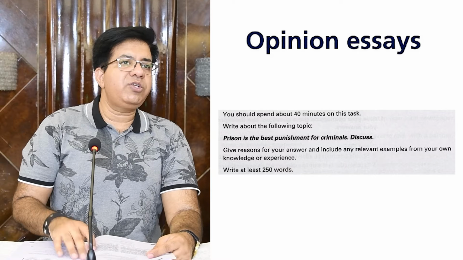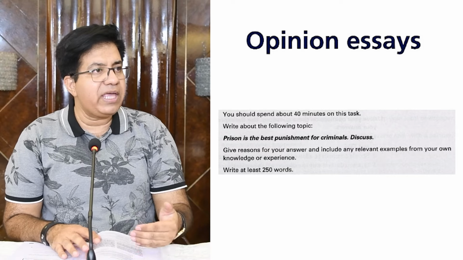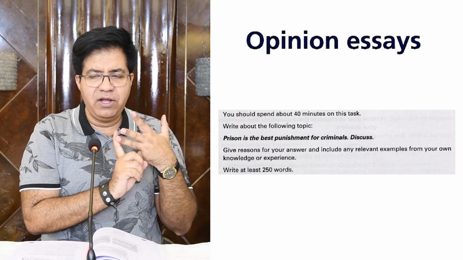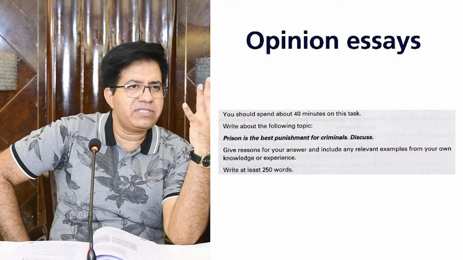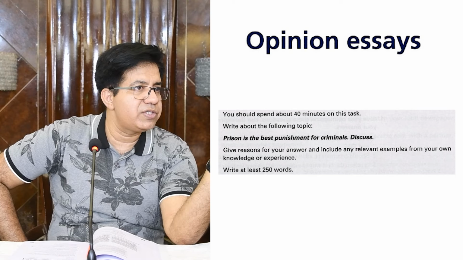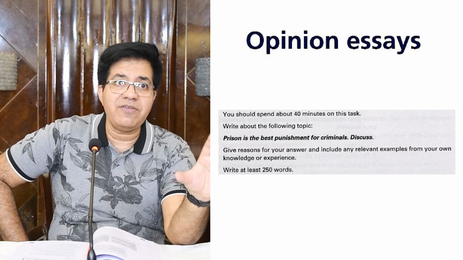Now, first of all, you need to spend at least 4 to 5 minutes looking at the topic. Prison is the best punishment for criminals. Whenever somebody commits a crime, you should put him behind bars. So if you think it is the best punishment, you agree with the topic.